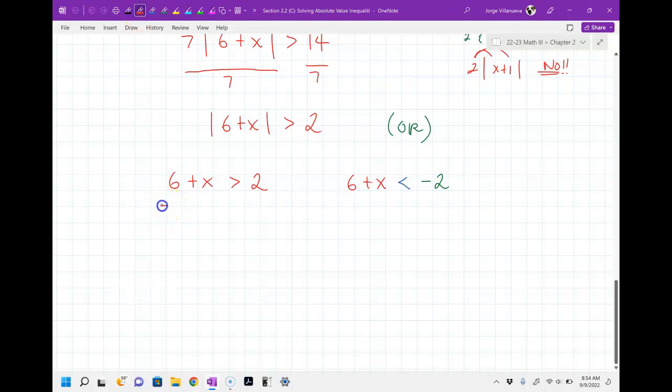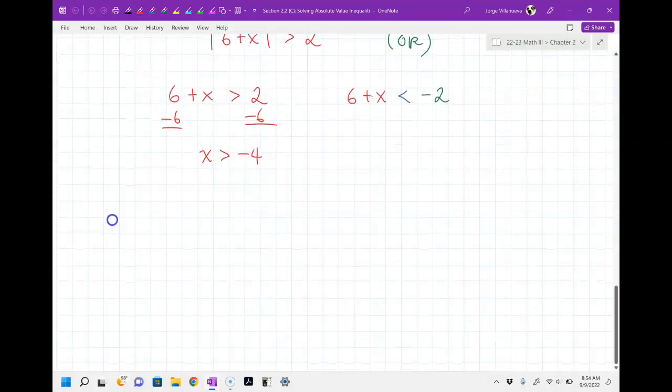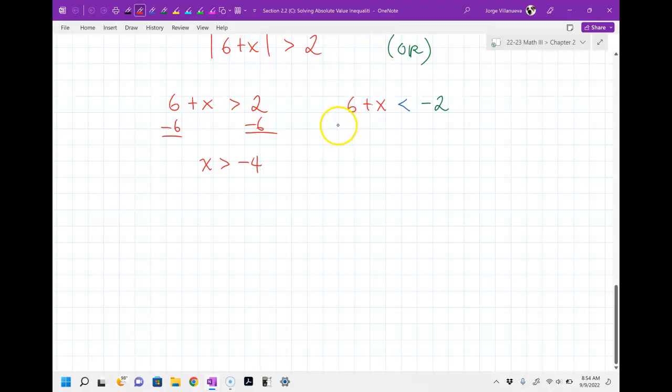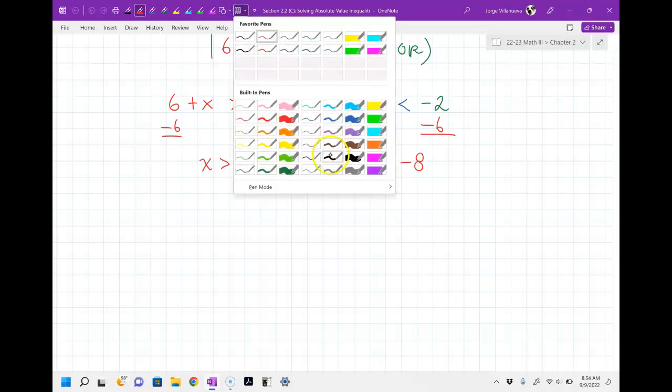So let's subtract by 6. So we get x greater than negative 4. That's one answer. And then we'll subtract by 6 on the other side. We get x less than negative 8. So draw a picture, and you're done. Okay? So let me draw a picture real quick.